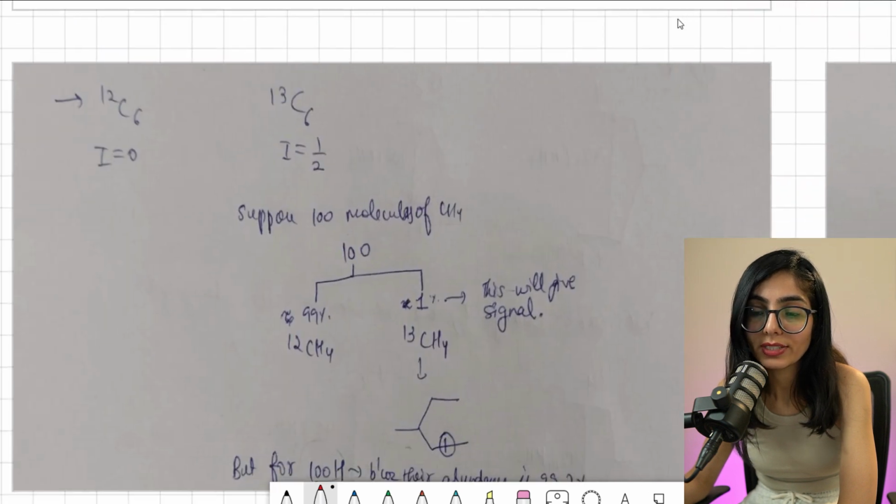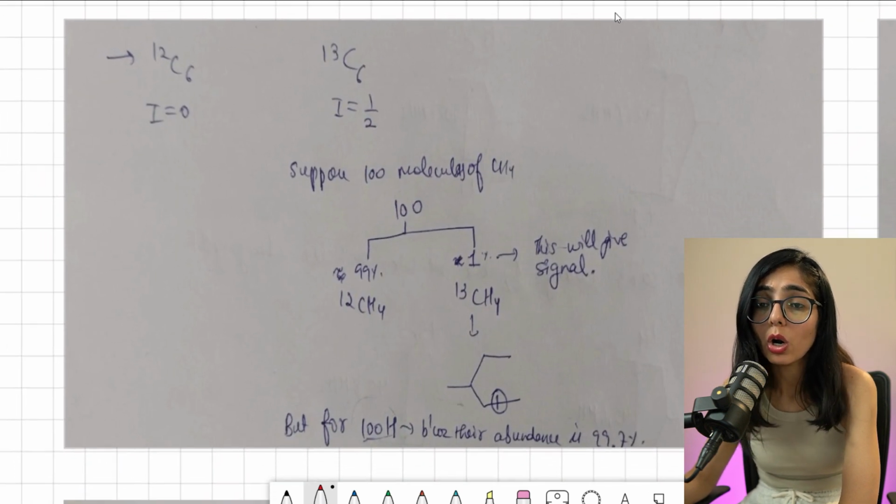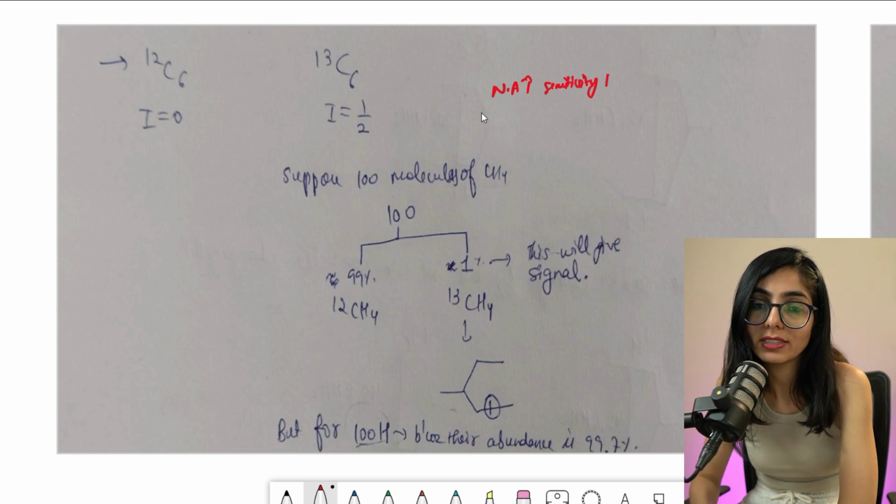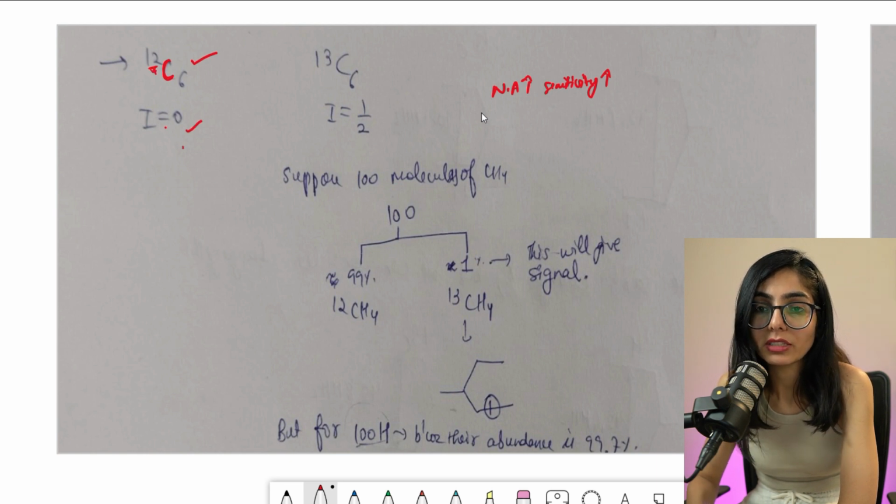So let's go to the deduction of how natural abundance is increasing the sensitivity. Fine, how is it increasing the sensitivity? So let's understand. The carbon isotope of mass 12, its spin is 0 because the mass number is divisible by 4. Fine, so spin will be 0. But 13 and 6, it will be having spin I equal to half. So suppose I have 100 molecules of CH4, fine, so what will happen?